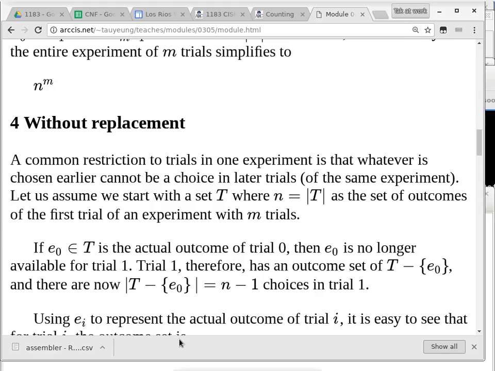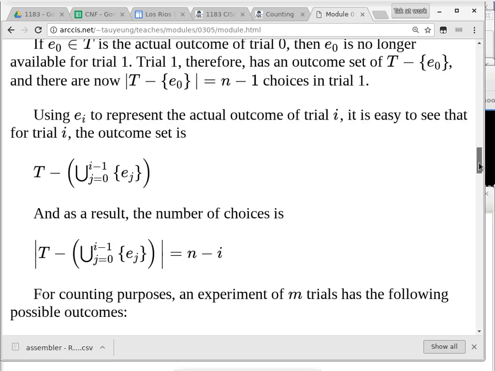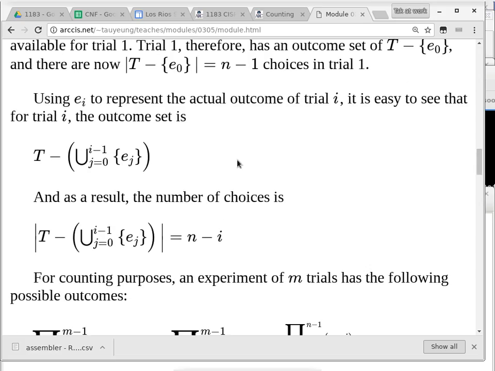And let me zoom in just a little bit because we are just focusing on this particular set. So for trial I itself, the possible outcome is going to be whatever was originally available for the first trial, minus the union of all the elements that have been picked in the previous trials. Okay? It seems to make sense.